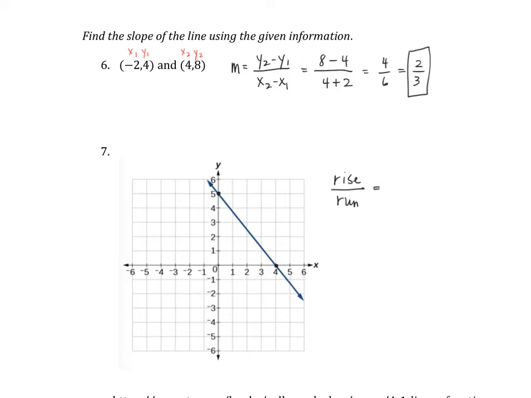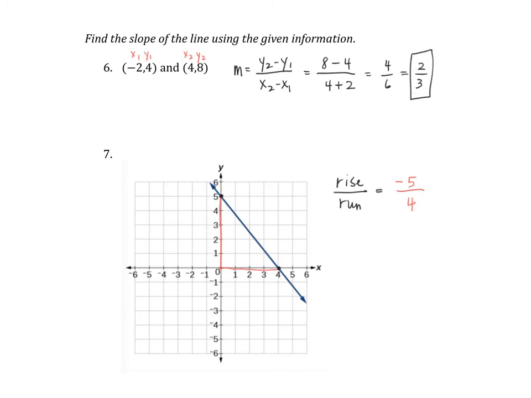In order to get to this other point, I have to go down 1, 2, 3, 4, 5 units. So -5 since I went down 5. And then I need to go over 1, 2, 3, 4 units, and since it was to the right, it's positive. So here my slope is -5/4. That looks like it could be right because the line is decreasing, right? It's going down. So -5/4 seems reasonable.